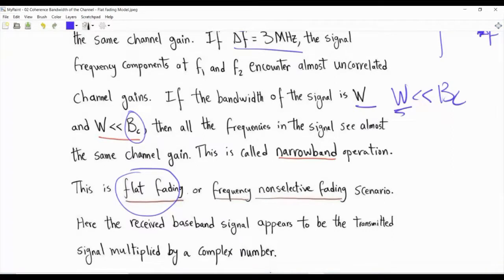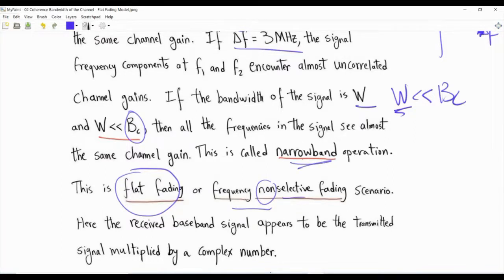So it's called the flat fading model, or frequency non-selective fading. Non-selective means that each frequency in the signal sees the same thing. There is no frequency encountering some channel gain and another frequency component encountering another channel gain.